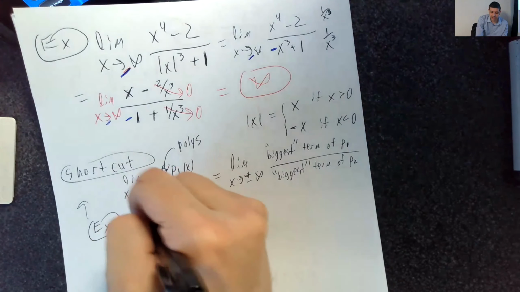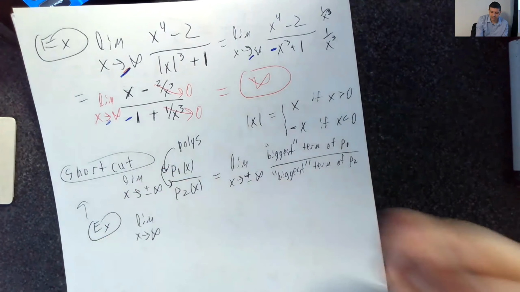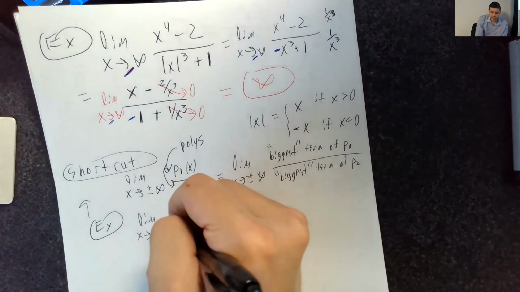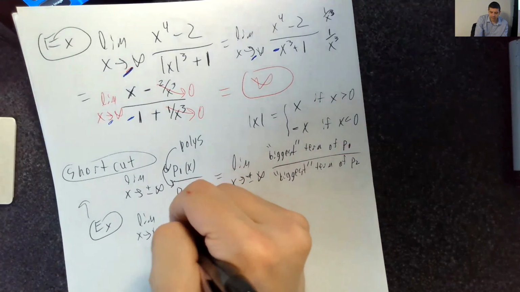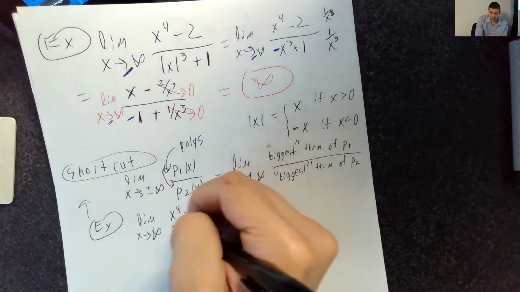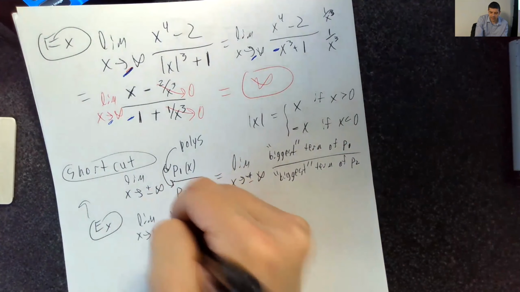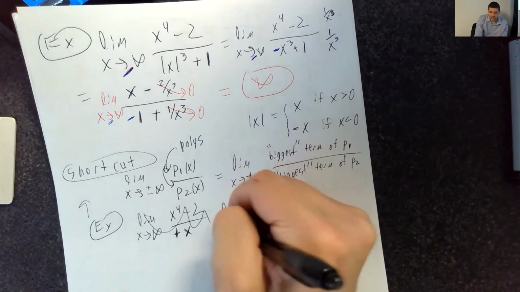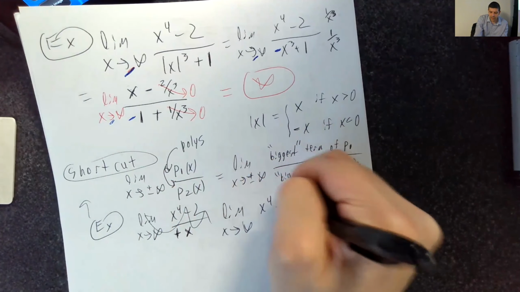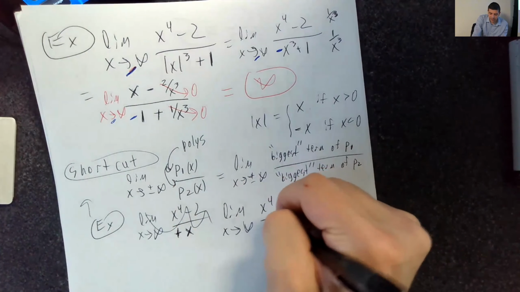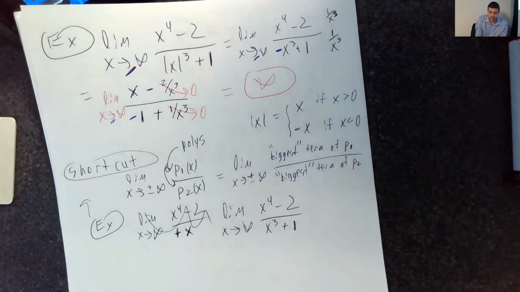The limit as x goes to infinity of x to the fourth minus 2 over, I guess I did positive the first time, so let's just do positive, x cubed plus 1.